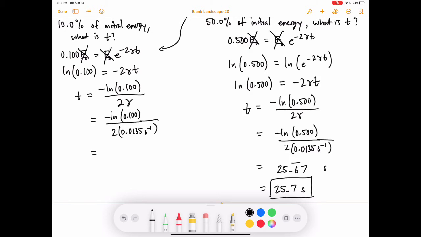So if you crunch those numbers, you get 85.28, keep 3 sig figs again, seconds. So it takes 85.3 seconds for the oscillator to fall to 10% of its initial energy.